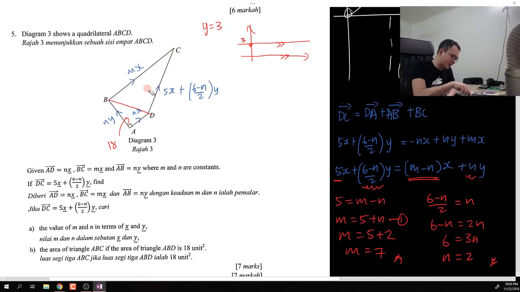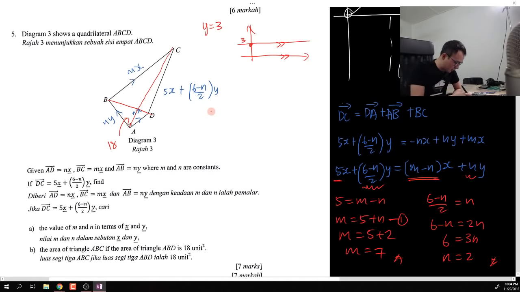This part I learned in Excel because I teach Excel MF. It's kind of an Excel MF question. Their vectors always have this kind of thing, the ratio for the triangle. How do I explain this one to you? Let me put it in this way.